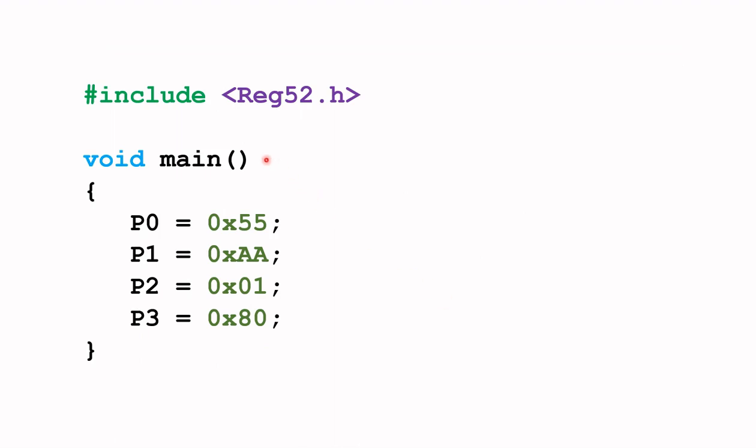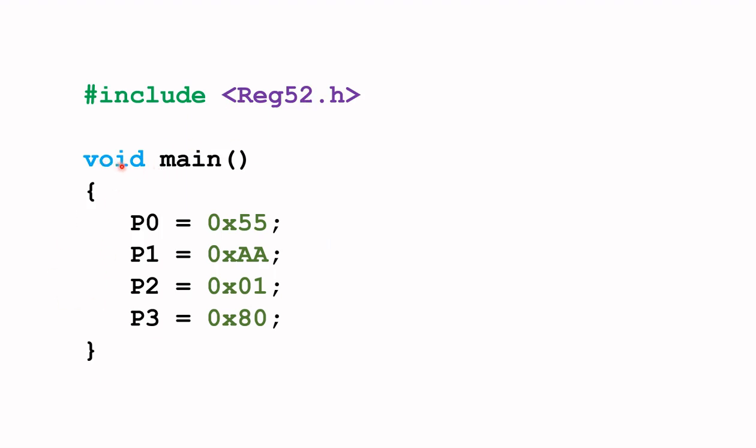Okay, so here we have a complete code, very similar to the one that we've seen earlier. So we have include reg52.h. This is the header file. So the program needs to include the information that is in the header file during compilation of the code.